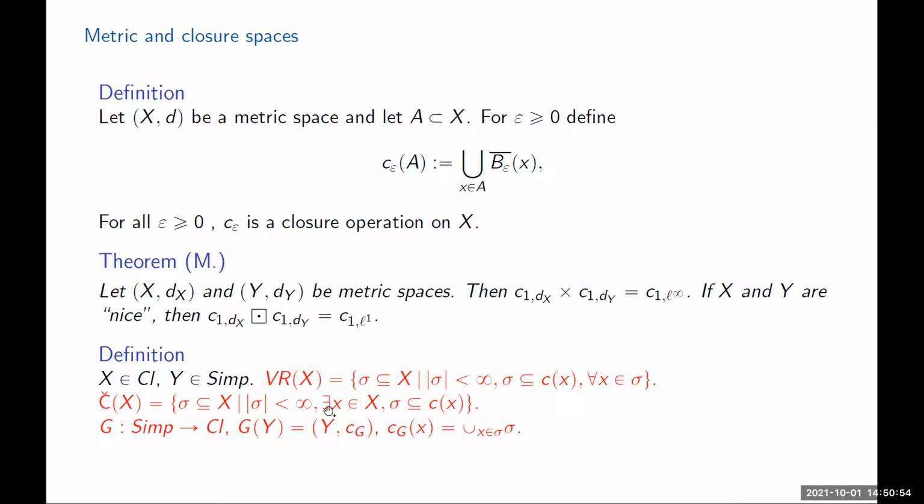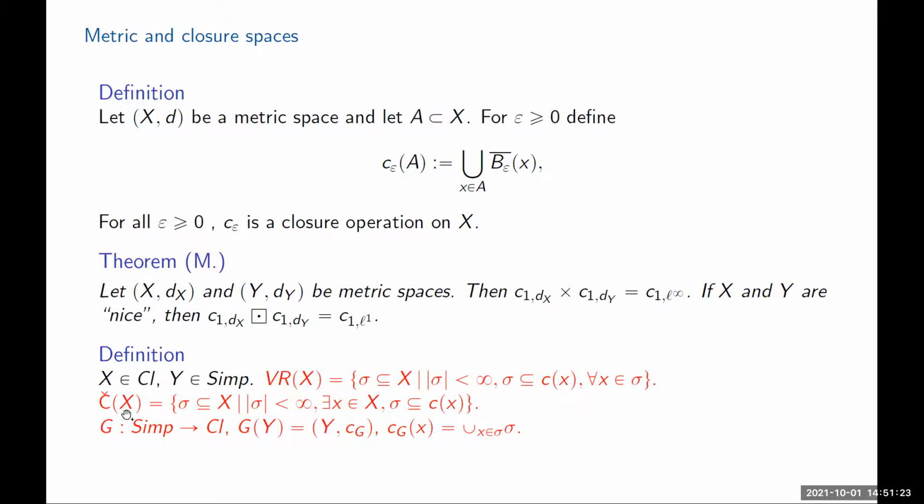It's the collection of all finite subsets of X such that they're contained in the closure of each one of their points. Now, if you take the closure coming from a metric space, you would just be saying that this simplex is always contained in the epsilon ball around each of its vertices. So this recovers the Vietoris-Rips definition, the Vietoris-Rips complex, when you consider these closure operators.